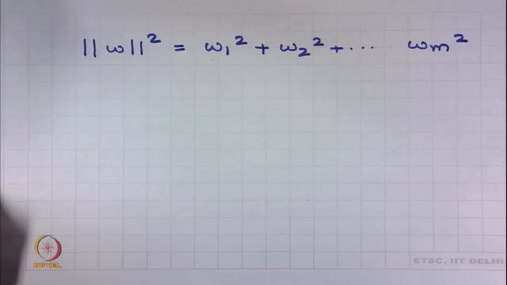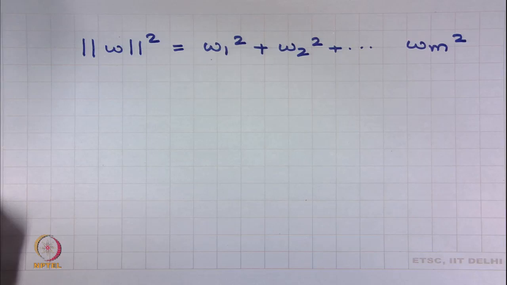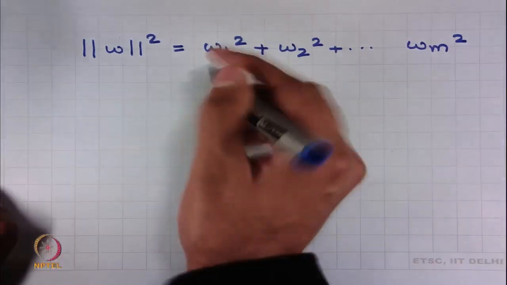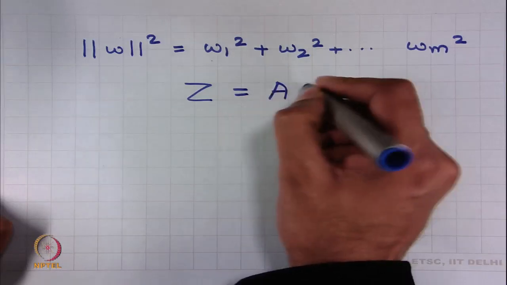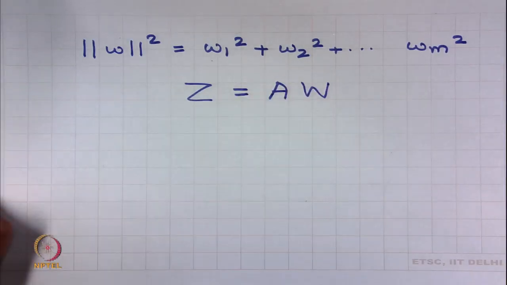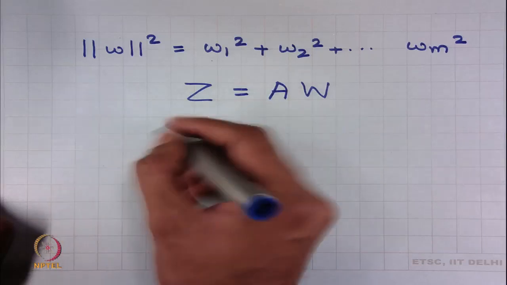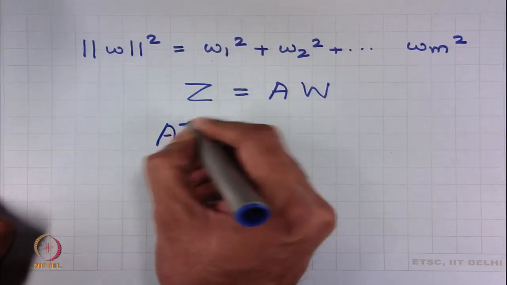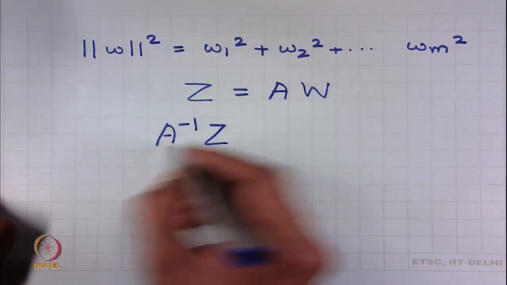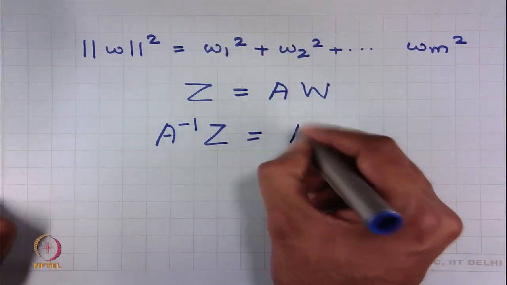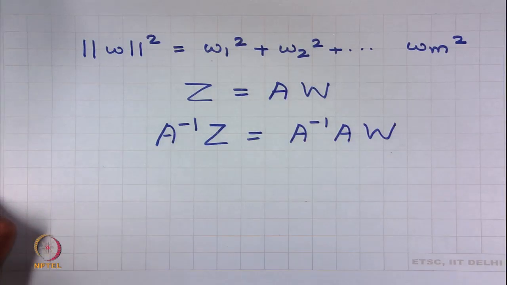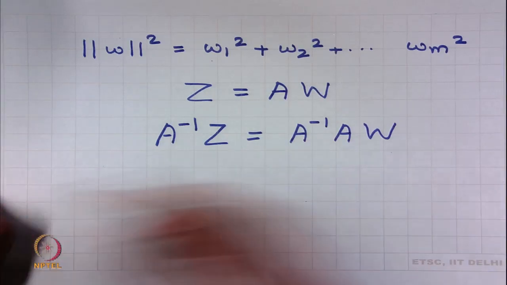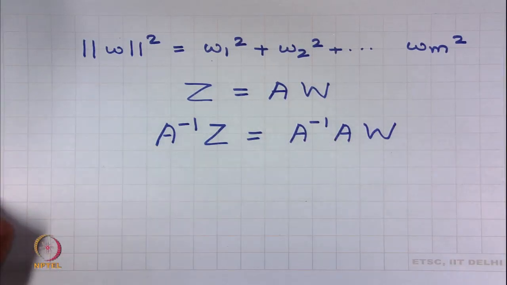Now, let us try to develop a few more equations. So, starting from Z is A times W, I can multiply this with A inverse. So, multiplying with A inverse on both sides, and what we are assuming is that the inverse of a matrix exists. Okay.